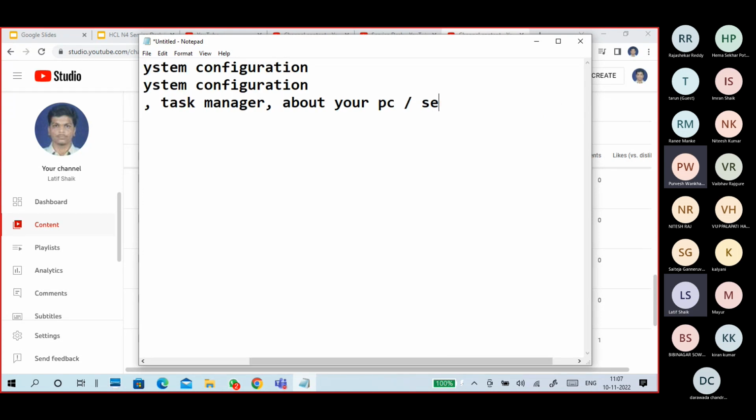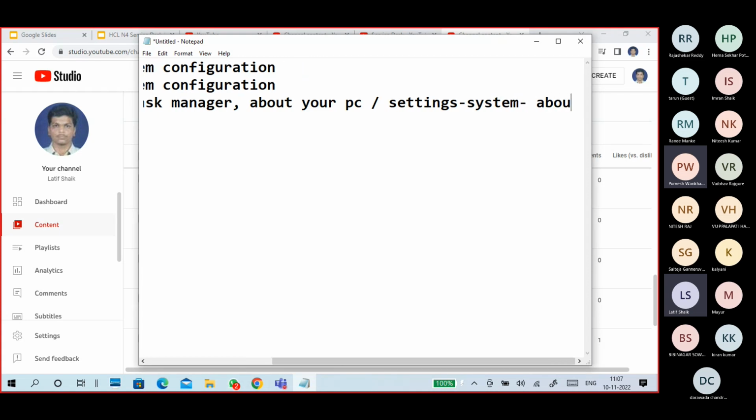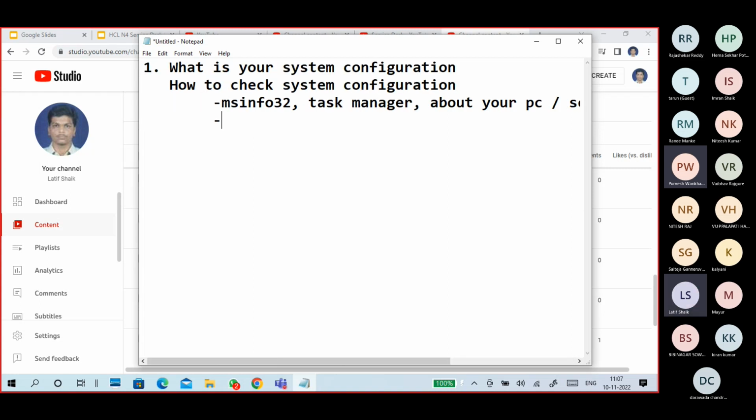Go to settings, means press the start button, settings, system, and that one about, both are the same. Or you can use DX diag to find your system configuration as well as your graphical related information. You can use the command called systeminfo.exe command.